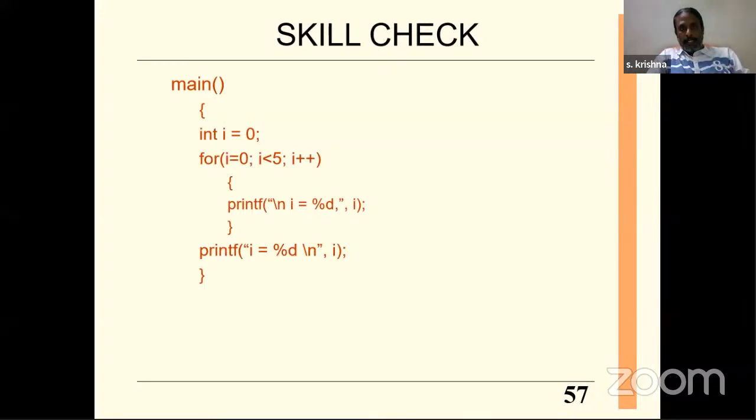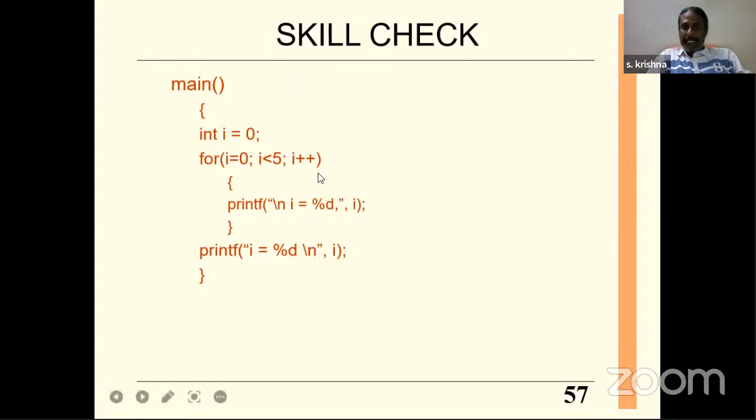See, the logic here is: the first expression gives the initialization, then we check if I is less than 5, then print this statement. After the statement, expression 3 will run, which is the increment. We are going to increment the I value, so next time 1 comes instead of 0. 1 is less than 5, so it will print 1.